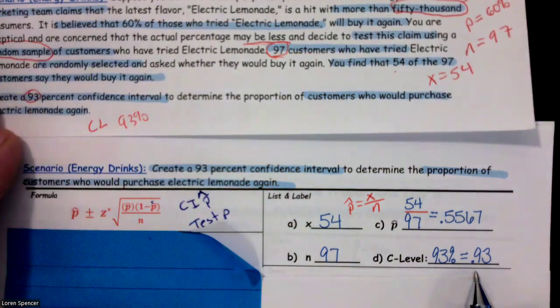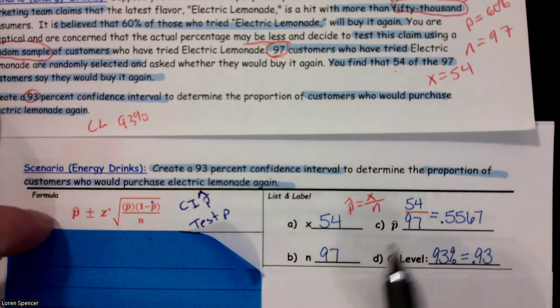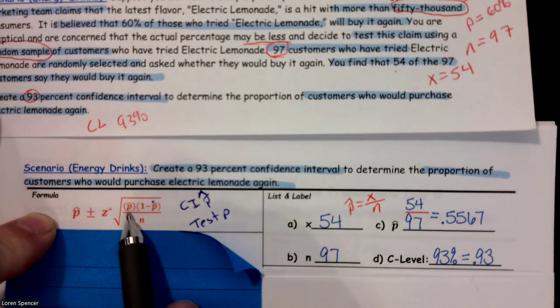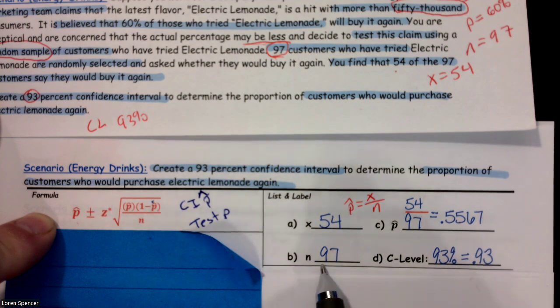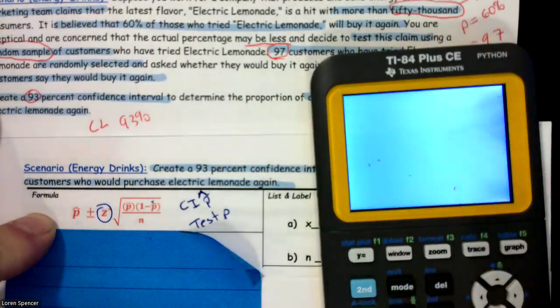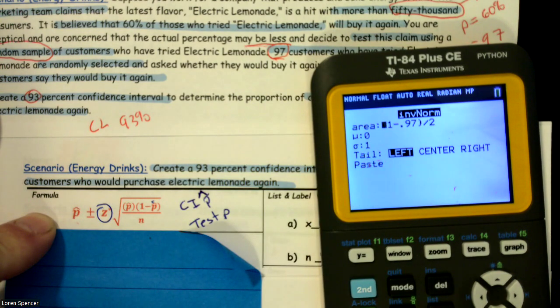They gave me the confidence level of 93%. When I look at my formula, I have p hat, so I got my sample proportion, and I have a sample size. The only thing I'm missing at this point is z star. To calculate z star, I go 2nd, VARS, invNorm, parenthesis 1 minus 0.93, close parenthesis, divide by 2, mean of 0, standard deviation of 1.